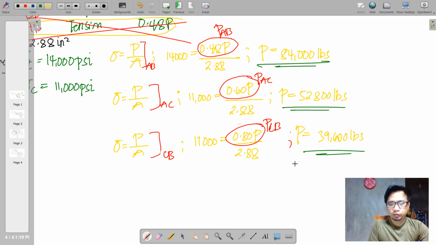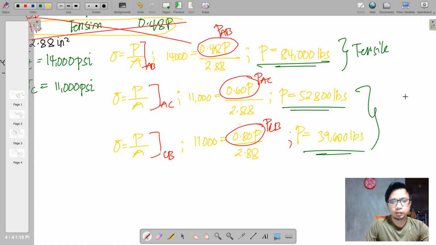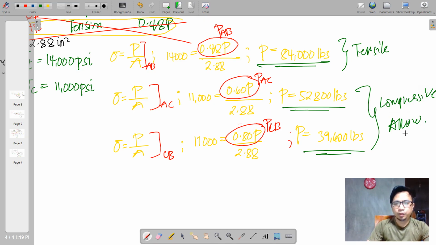So those are the values of P, first if we consider the tensile allowable, and this is for the compressive allowable. So a follow-up question would be, among these three computed values, what will be the safe value or the maximum value of P? The tolerable one is always the lowest, as we have discussed in the previous session.